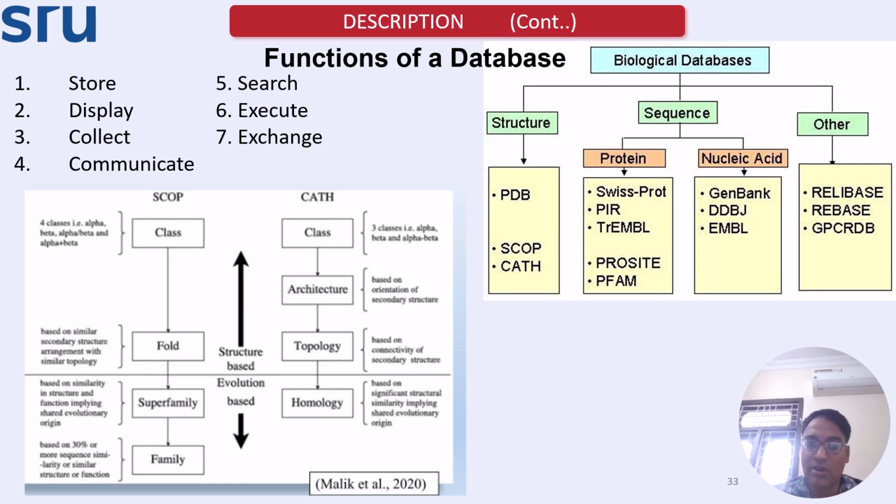When I'm putting class, SCOP says that there are four classes: alpha helix, beta sheet, alpha slash beta, which is normally a parallel beta sheet, with strands oriented towards the same side, covered on the outside by alpha helices. And the other one is alpha plus beta, where both are distinctly arranged and the beta sheets are normally anti-parallel, when you are combining them together into a fold.